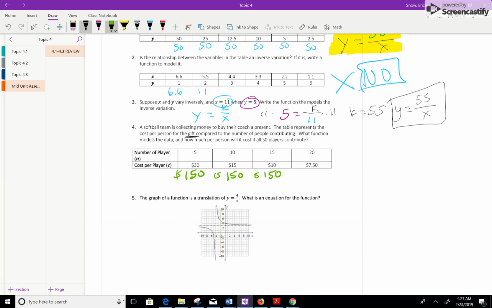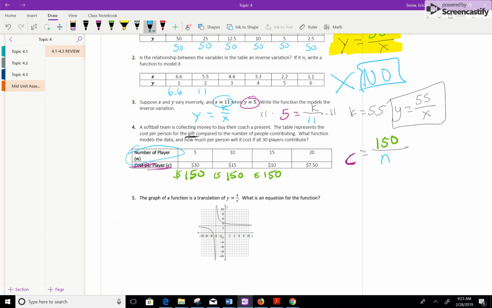So we know then that our function is going to be y equals, oh, wait, nope, we can't use y because they gave us variables. So c, the cost per player, and n is our number of players. So we're going to say that c, the cost per player, is equal to our constant of variation, or 150, over our number of players.